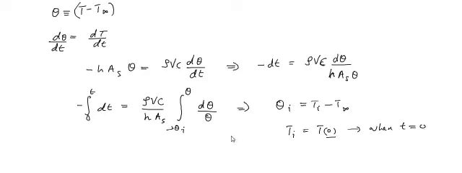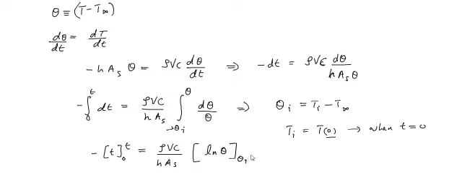Now if you integrate this, you get minus t from 0 to t equal to ρVc over hAs, where As is the surface area, times ln θ from θi to θ. If you apply the limits, this gives us t equal to ρVc over hAs times ln θi over θ.